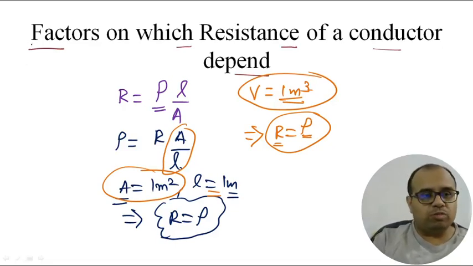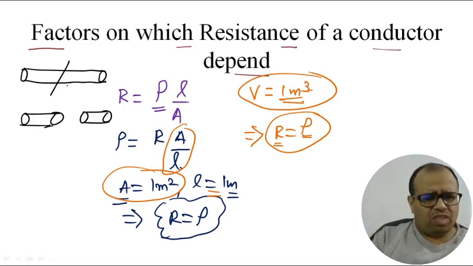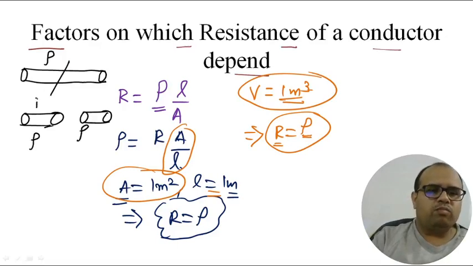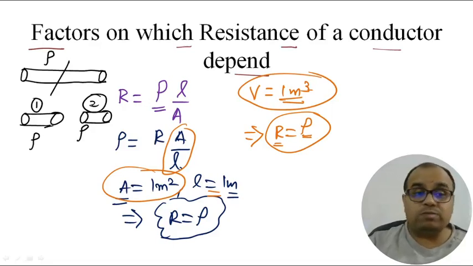But do remember, suppose we have a copper wire, and we cut it into two halves. If the resistivity of the entire wire is rho, then for both the halves the resistivity would remain the same. Ask me why.